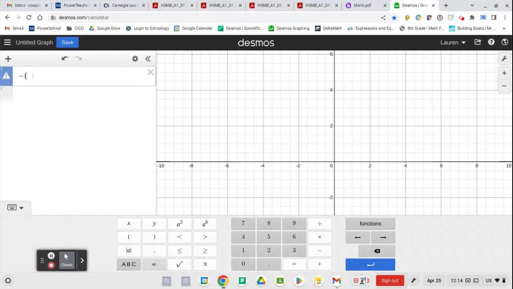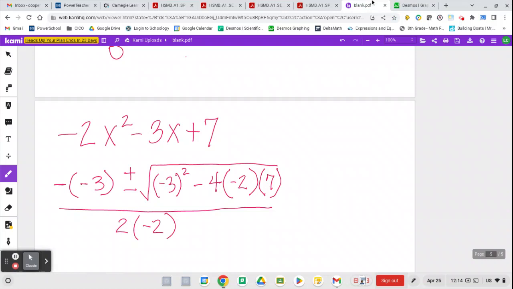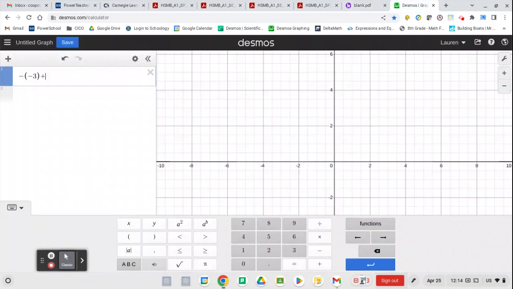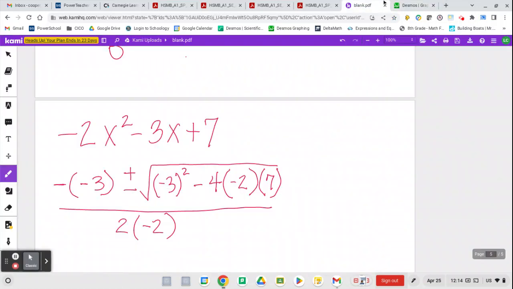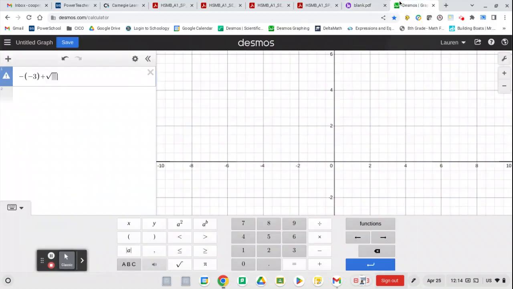Again, I just want to make sure you're exposed to this. You don't need to stress out over the quadratic formula because you can always use Desmos, but it is good to know what it looks like and to know that you use this when it can't be factored.